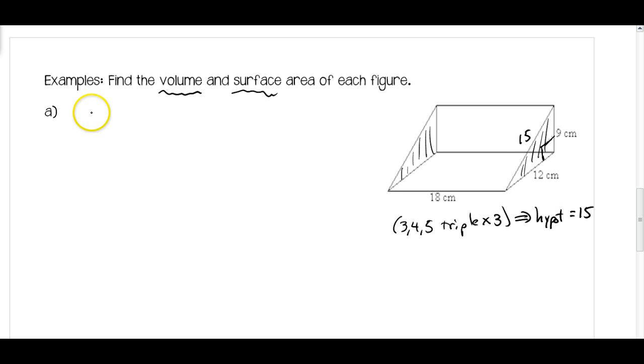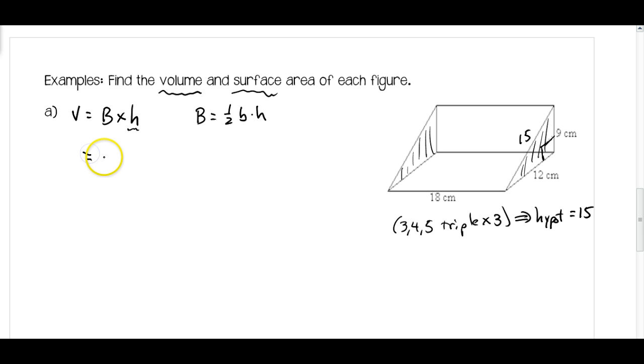Alright, so first finding the volume. The volume is going to be, again, the area of the base times the height. And then B, since it's a triangle, is going to be 1/2 little b, so that's the base of the triangle, not the big B, which was the area of the base, times h, and this is going to be the height of the triangle, not to be confused with the height of the prism.